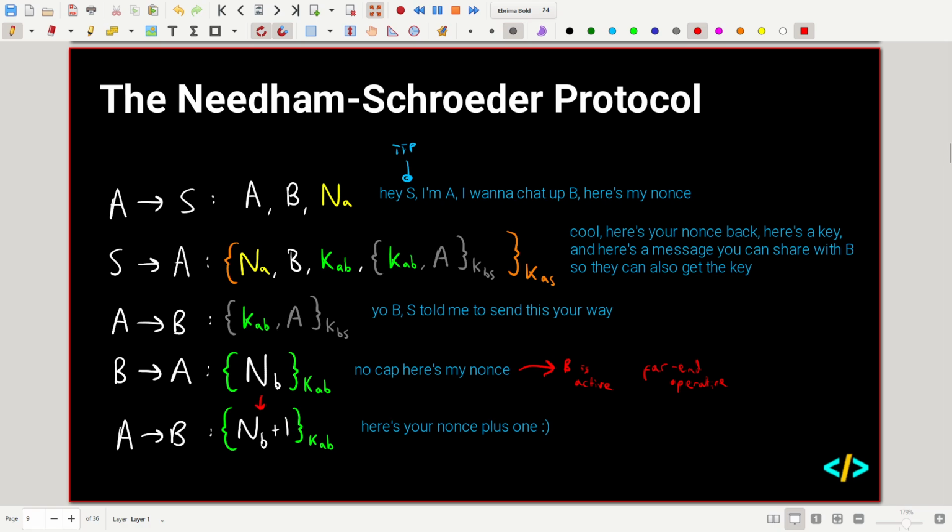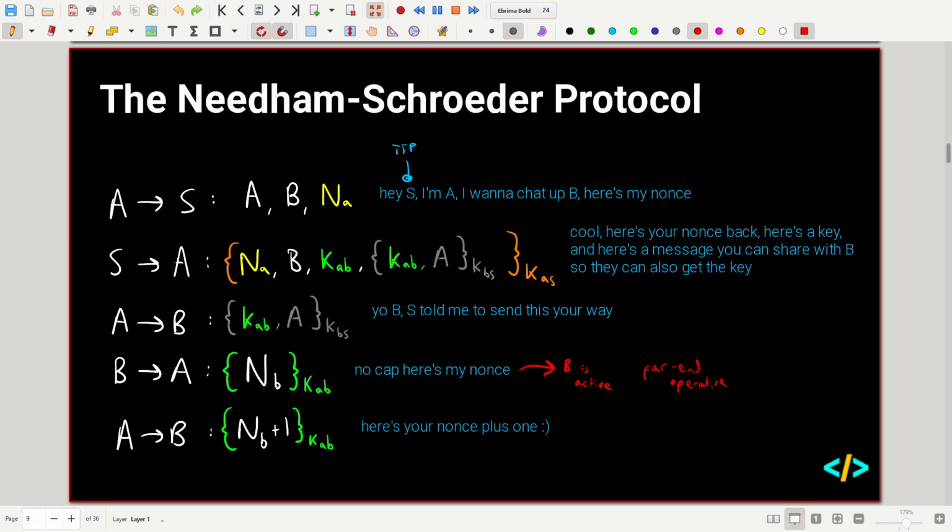The point is we have to decrypt it before performing this operation on it. And then we package it up again. We encrypt it again. Now, if Charlie tried to do this, they wouldn't be able to decrypt this because Charlie doesn't have this key. Only A and arguably S can do this operation here. So yeah, it stops the replay attack.